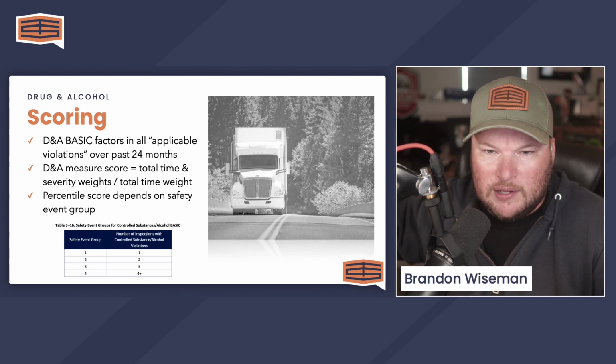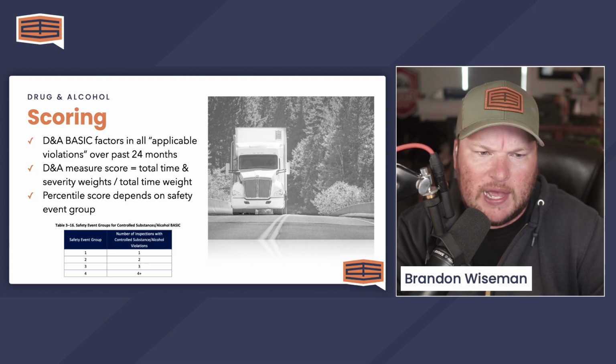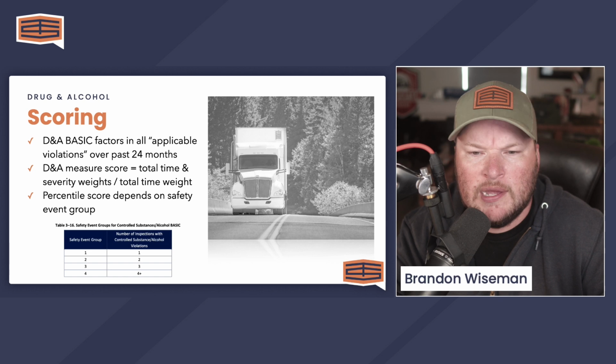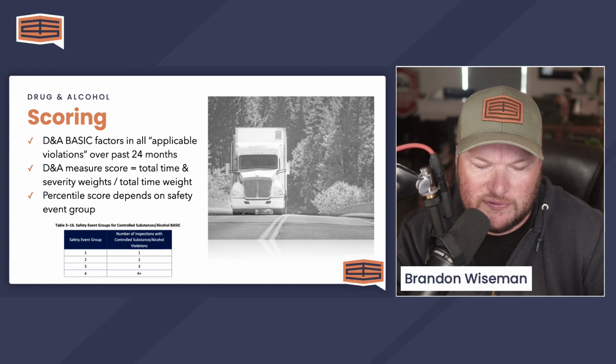Because the data is just not going to be apples to apples in that case. So what we do is we place carriers in safety event groups in each of the basics, and what group you get placed in, those are the carriers you get compared against, and that's how they calculate your percentile score.